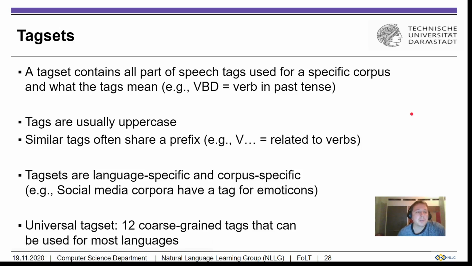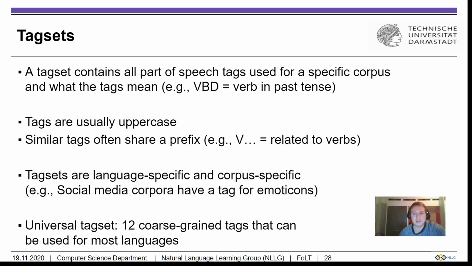Now when we talk about tag sets, a tag set contains all the parts of speech that are available in a specific corpus. For example, one element in this tag set could be VBD, which could stand for verb in past tense. And this, of course, depends on the tag set that you have, right?